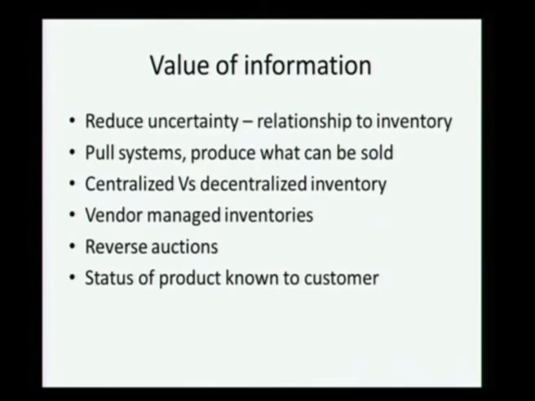Wherever there is uncertainty, there is excess inventory, and inventory is the most commonly used way to reduce uncertainty in manufacturing systems. The more the uncertainty, the higher the inventory, and if we are able to reduce the uncertainty through good information systems that provide information and data, then the inventory holding will come down.